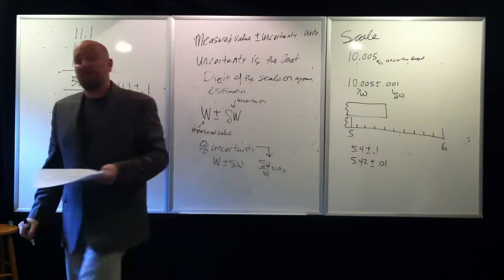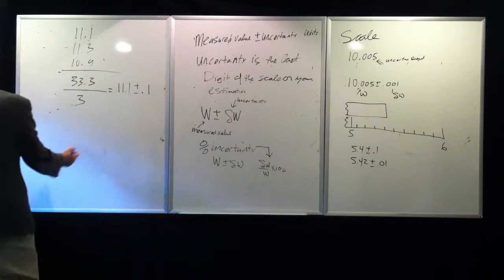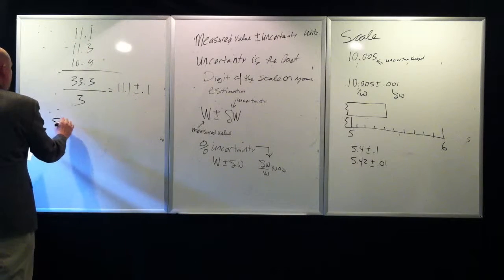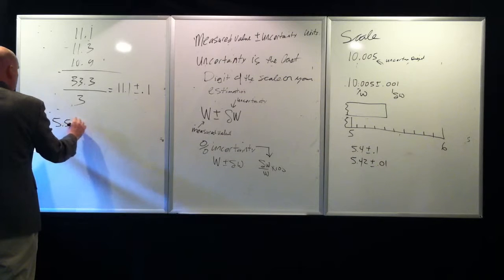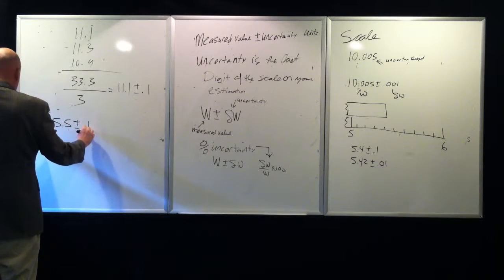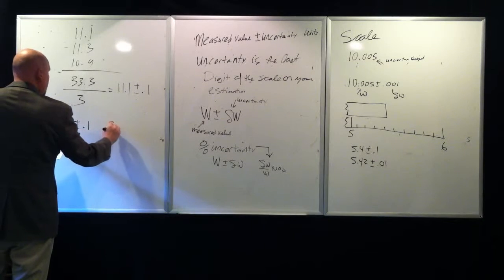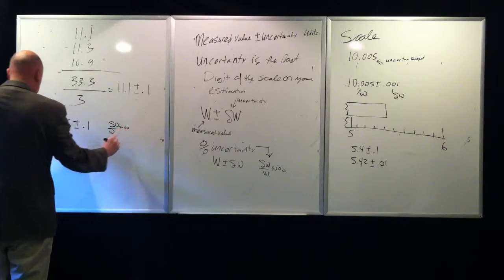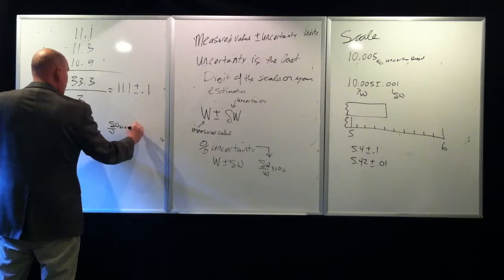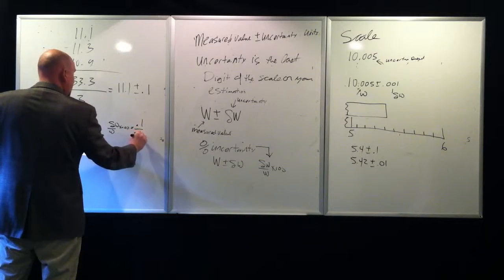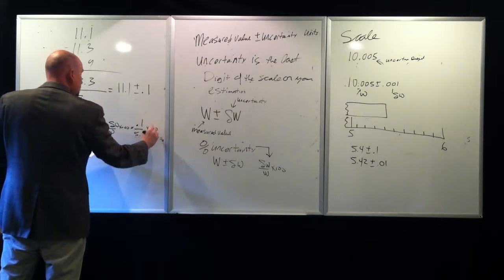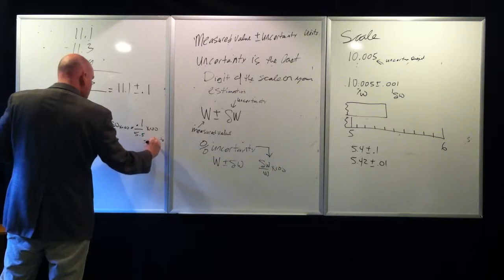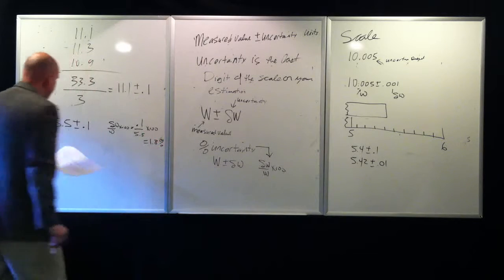Let's do an example with the percent uncertainty. Let's say you took a measurement of 5.5 plus or minus 0.1. Delta W over W times 100, in this case, is 0.1 divided by 5.5 times 100, which gets you a value of 1.8%.